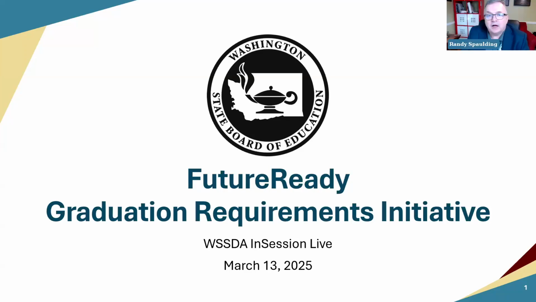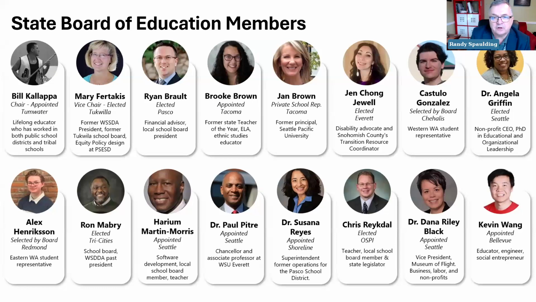Excellent. Okay. Well, thank you for the opportunity to be here. Good afternoon. I'm happy to share about the board's Future Ready initiative. I'm Randy Spalding, Executive Director for the State Board of Education. As you all know, the State Board of Education is a 16-member board made up of elected and appointed officials. Two of them are current high school students, and 5 members, of course, are elected by local school board members.